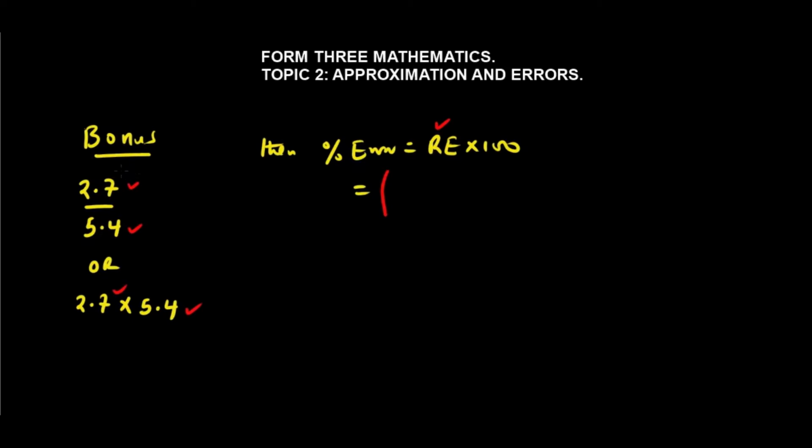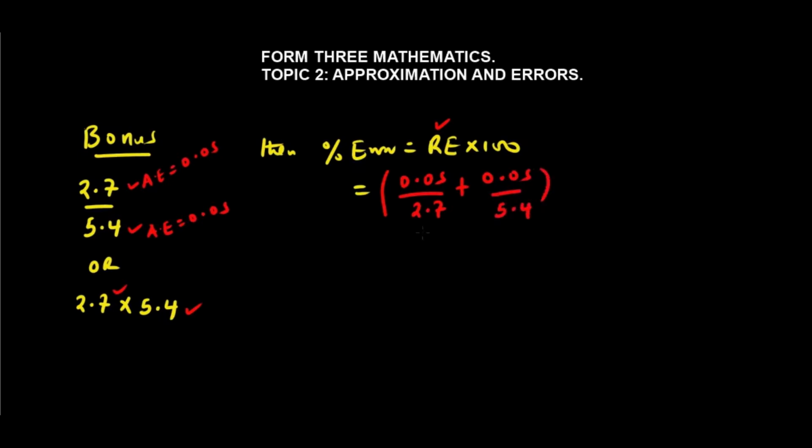So for 2.7, the absolute error is 0.05. Similarly, for 5.4, the absolute error is 0.05. So we will have the relative error for 2.7, which is 0.05 all over 2.7, plus the relative error for 5.4, which is 0.05 over 5.4.